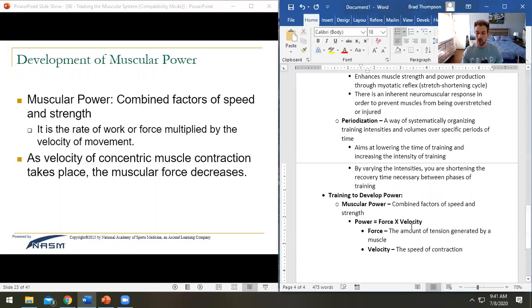So really, what we're focusing on here when we talk about power is rate of force production, right? Another way to say power is rate of force production. That's really what we're looking at here, right?